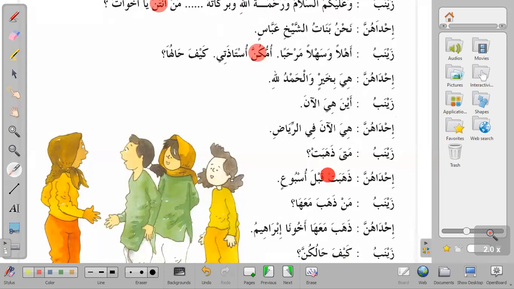So zahabat qabla usbu'in. She went qabla usbu'in. Qabla means before. So we have qabla and then ba'da. So zahabat qabla usbu'in, she went before a week, meaning a week ago.